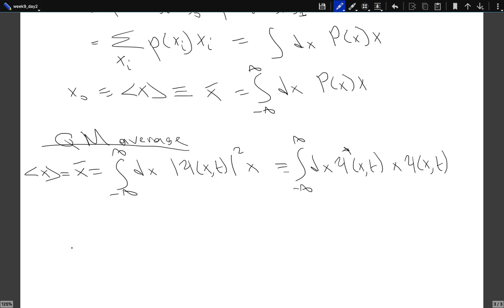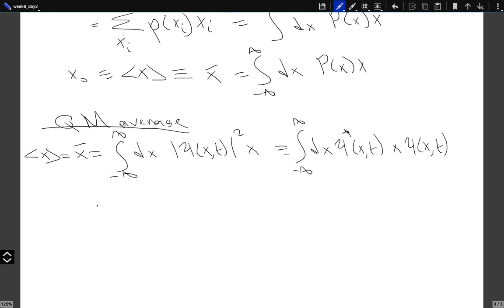Okay, now let's see, what about the momentum? Well, we had already mentioned one thing about the momentum before. You see, we said that, okay, if we have the wave function, I can write it as a Fourier transform of e to power i p over h bar x. Let me use phi of p dp over 2 pi.